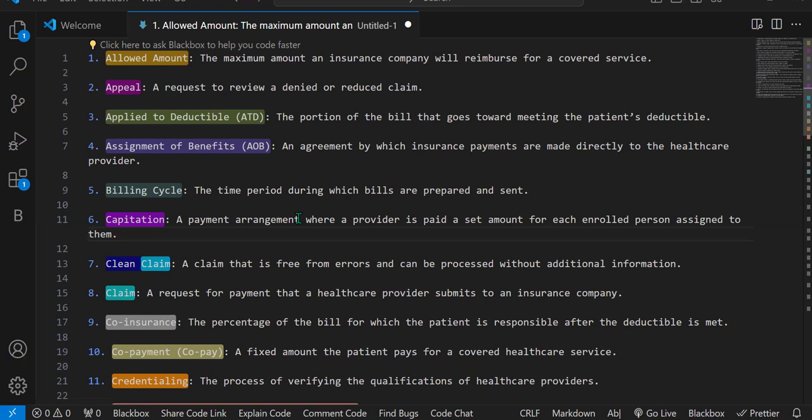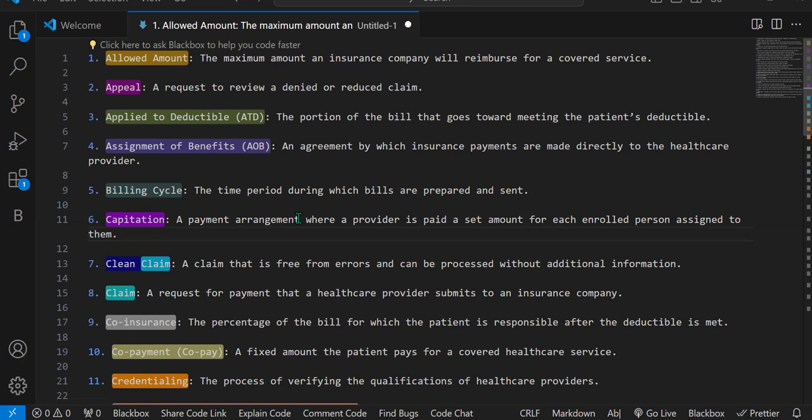And billing cycle, the time period during which bills are prepared and sent. So what is the billing cycle? After the patient services, all the services will be transferred into CPT codes with the diagnosis and modifier codes, and that claim form will be sent to the insurance company within a time period.